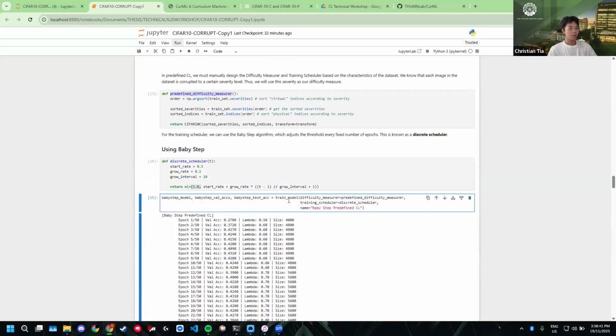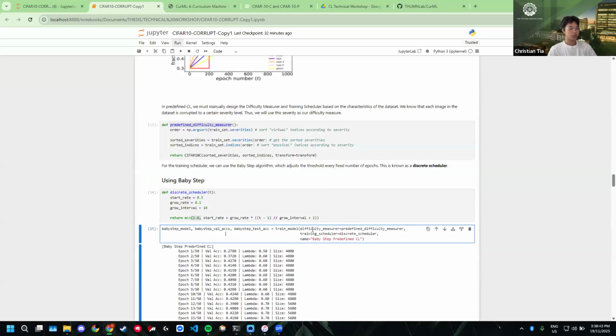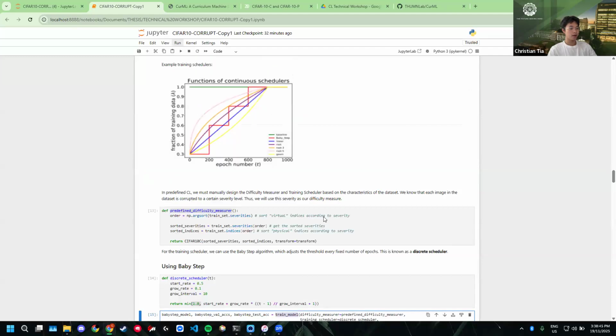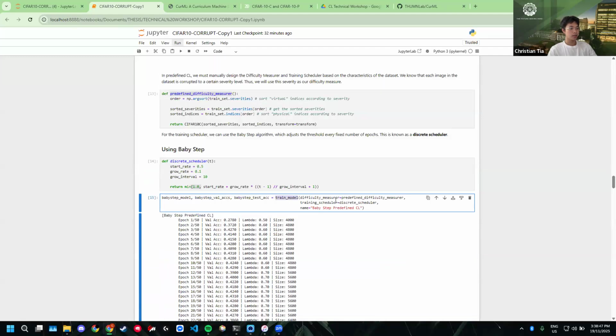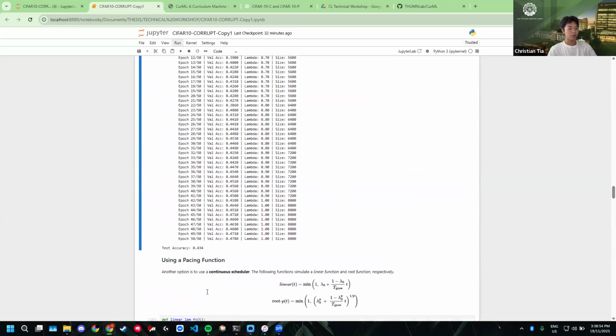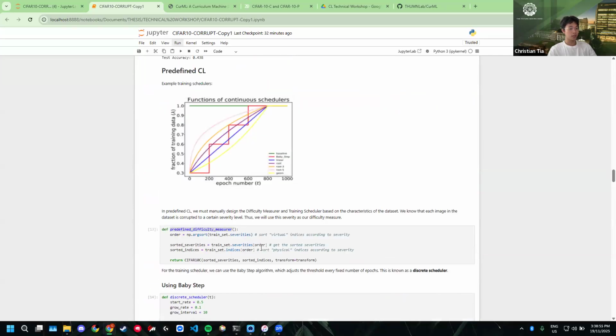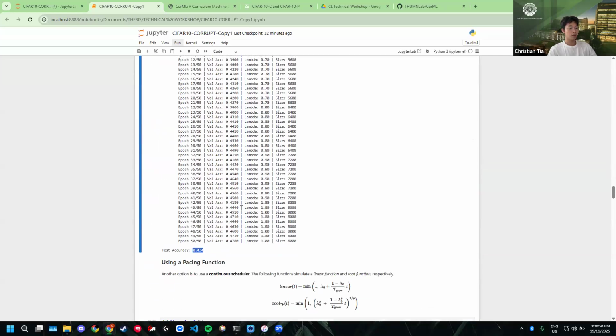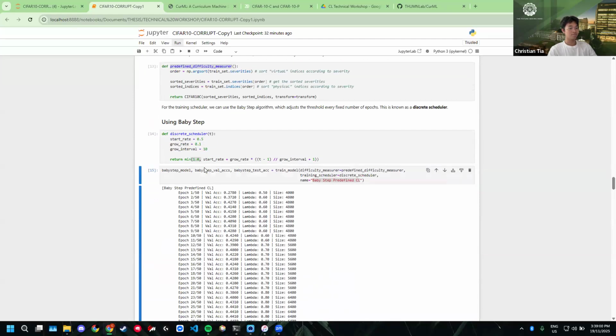So yeah, we pass those two functions into the train model function that we defined earlier. So right now we're using the discrete scheduler and we're naming it baby step. And then we can see that performance actually did not improve. It got worse using baby step.